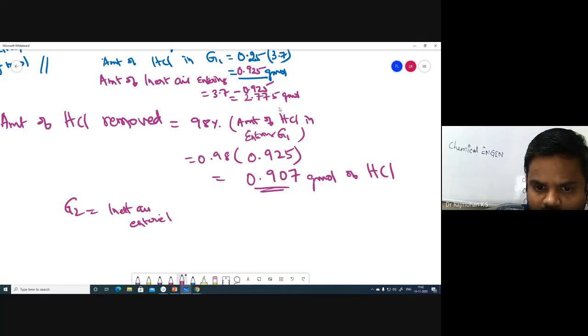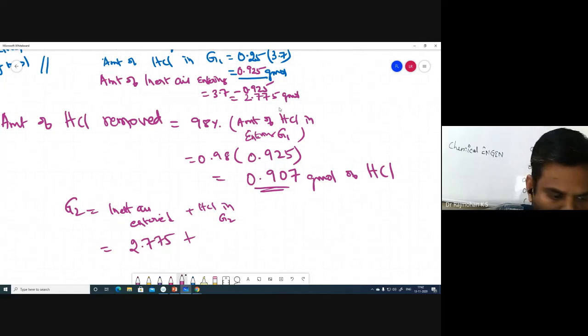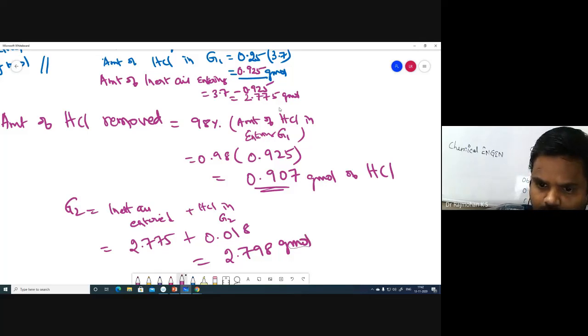Whatever inert air entered will be present in the G2 also, right? So HCl in G2: this amount is 2.775 plus HCl present, 0.018. So we have total amount equal to, please add this, 2.775 plus 0.018 is equal to 2.798 gram mole. This is the G2 value.